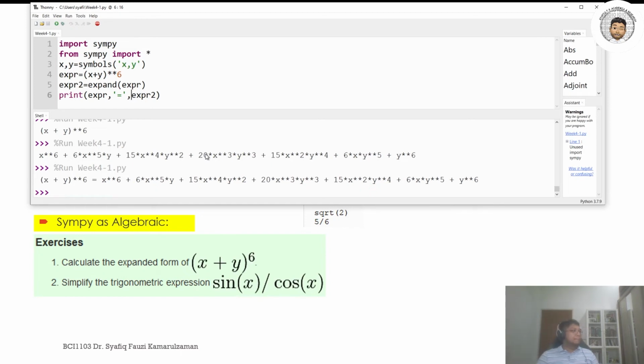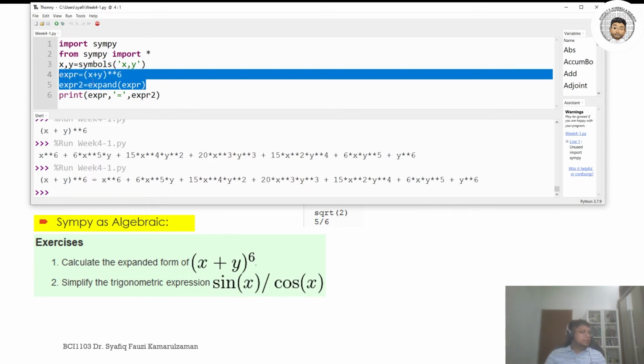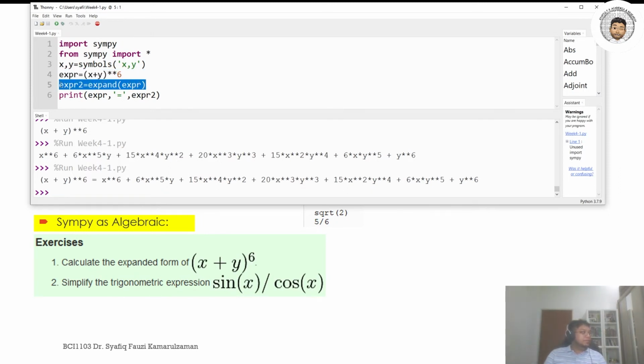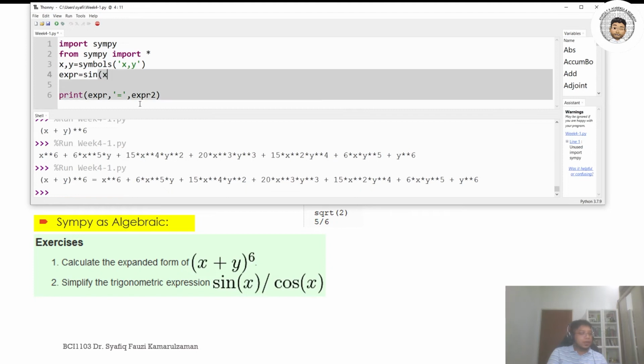Okay. For the second one here, same thing. You have one equation here, which is sin x divided by cos x.